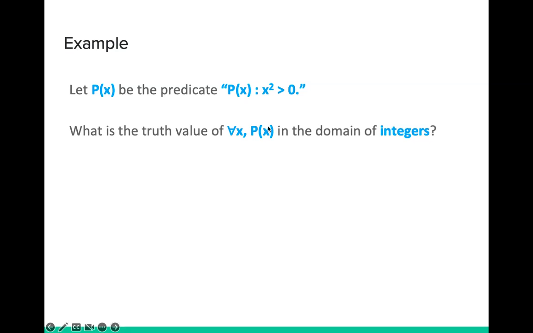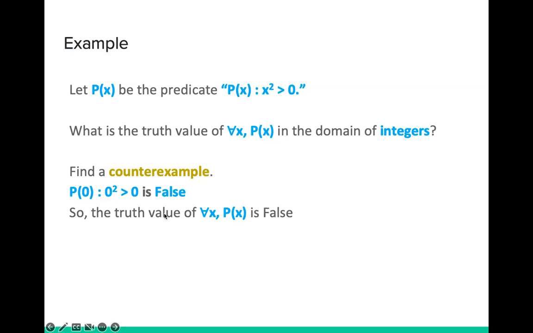To prove it, we find a counterexample. Suppose x is equal to 0, then we replace x with 0 in the statement: 0 squared is greater than 0. This is false because 0 squared is equal to 0. So the truth value of the quantification for all x, P of x, is false.